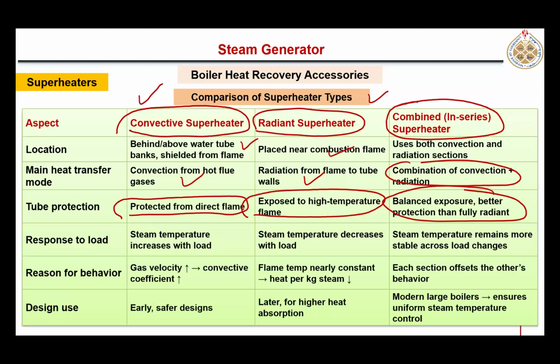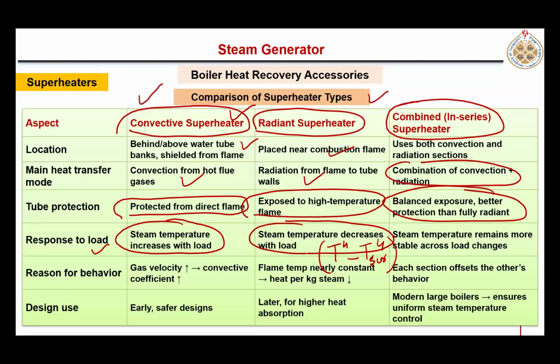Location, as I already told you, and response to load: steam temperature increases with load for convective, but for radiant, steam temperature will decrease with load, because radiation heat transfer does not depend upon the flow rate. It is only dependent upon the temperature difference, T to the power 4 minus T to the power 4 of the other surface, the pipe surface.